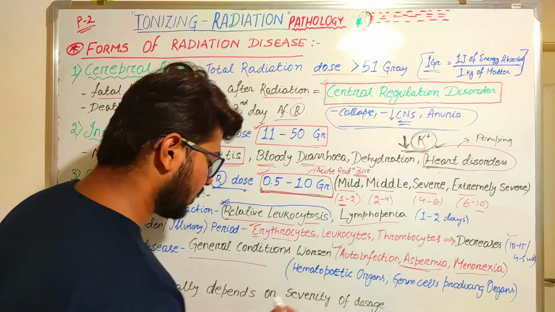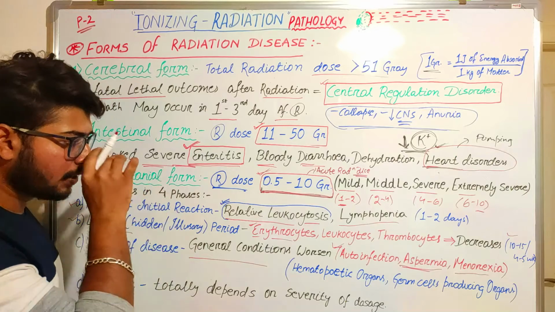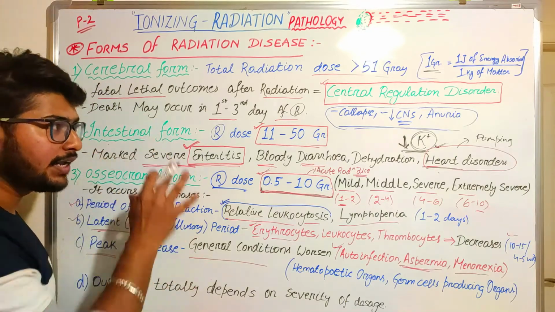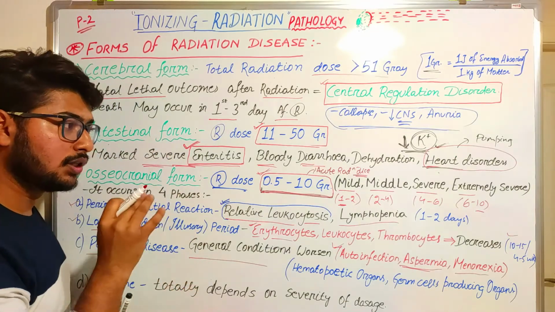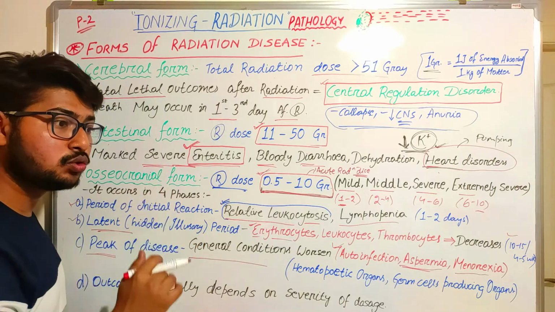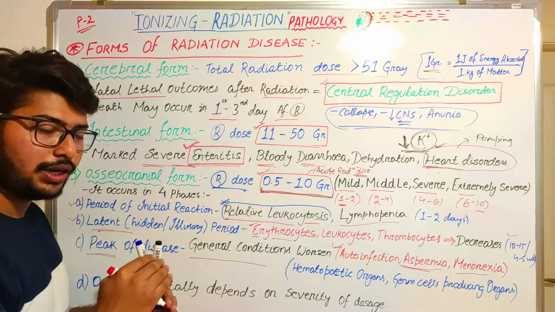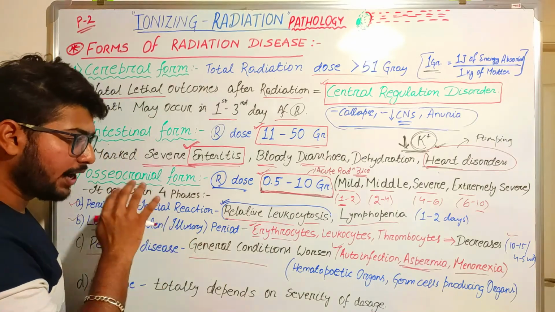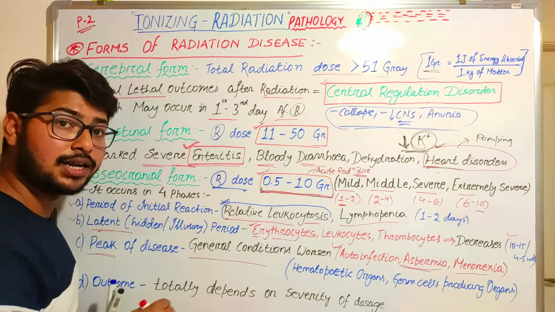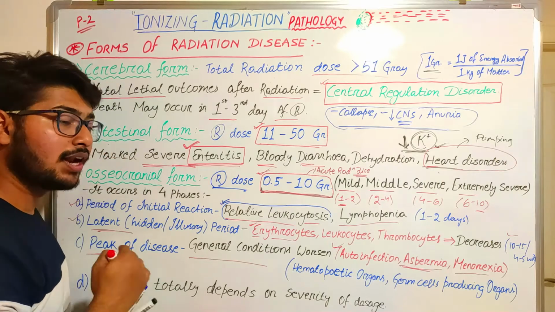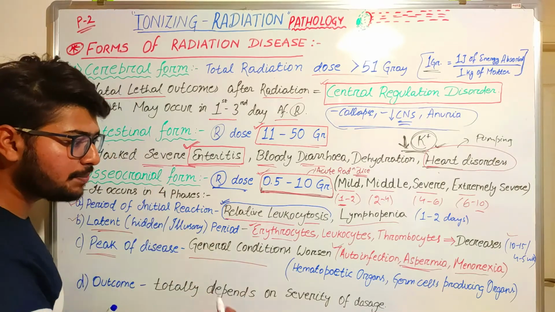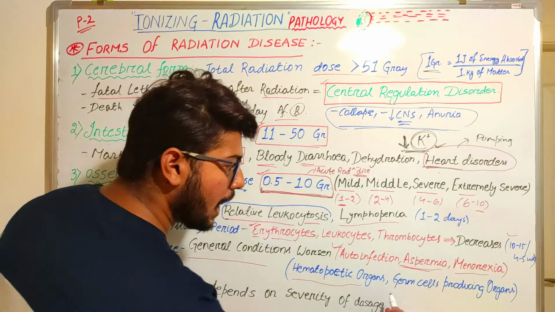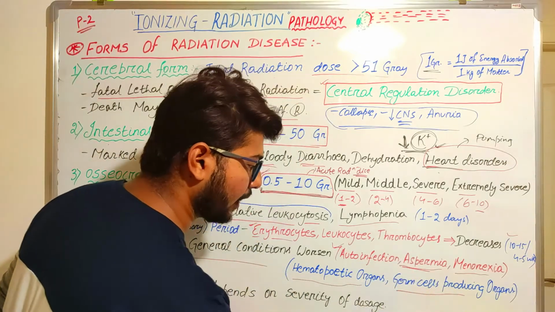Why do these things occur? Previously, as we know, this radiation affects the cells present in the tissues that are continuously dividing. And where are those cells present? Those cells are present in the hematopoietic organs and germ cell producing organs.